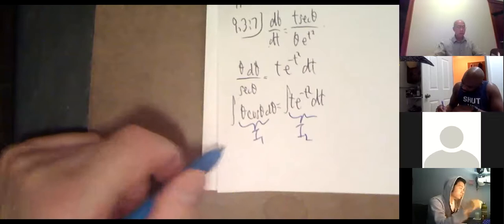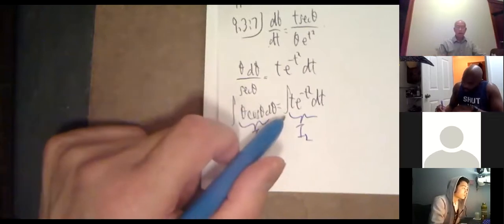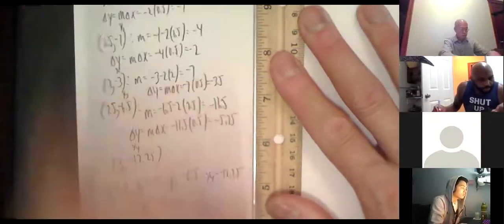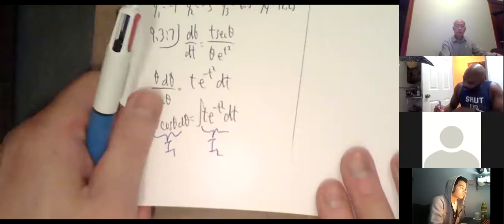Integrate, integrate. I1, I2. I1 looks like integration by parts. That one looks like a regular substitution. So I1 is the integral of theta cosine theta d theta.